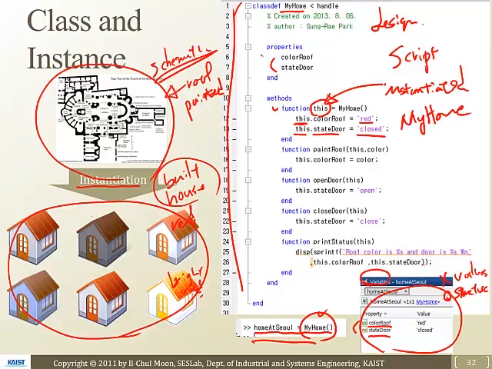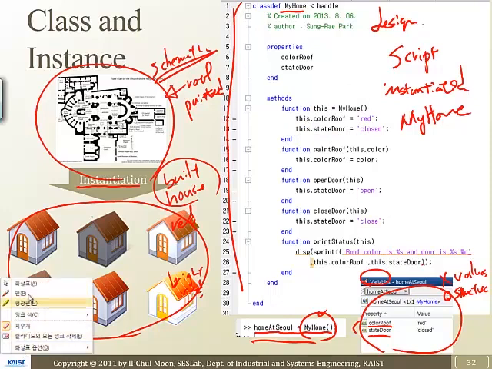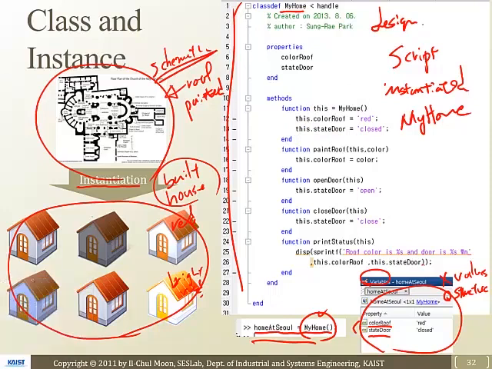Also, in detail, we want to focus on several things. For instance, let's erase certain things here. We need to see the details of this class definition first. We specify the class name like this, classdef, and next you specify the name.